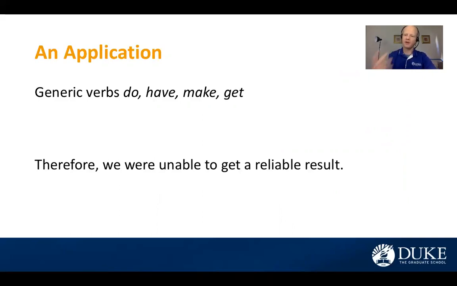And so if I want to replace get, I want to replace it with something that is a more commonly used or more precise verb. So I'm going to look at get what. Okay, result, get result. So what I want to see is what are some common verbs that occur with result.